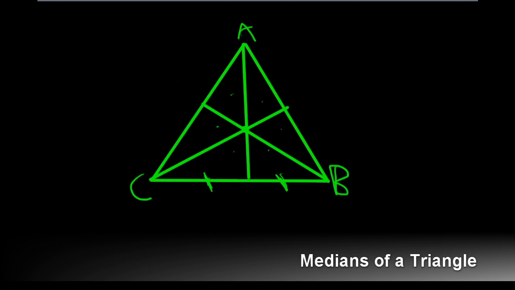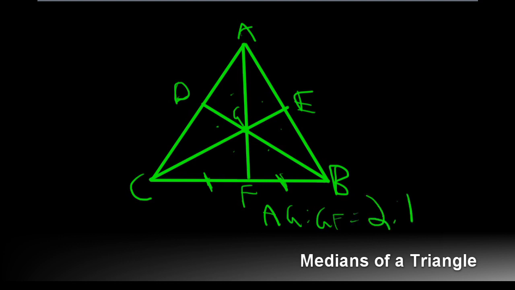So for example, if I just label these D, E, F, and G, then if we take any median, for example the median AF, then the centroid will divide the line such that the ratio of AG to GF is equal to 2 to 1.